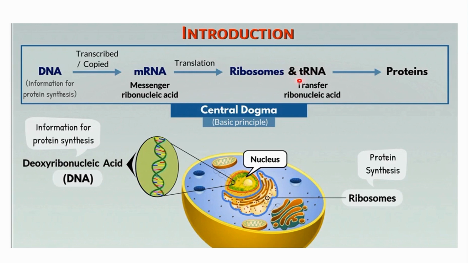From ribosomes, it is transferred to transfer ribonucleic acid. Transfer ribonucleic acid transfers this information to ribosomes, and from ribosomes we can make proteins, and the protein decides what type of function the cell should perform. That is why this is called protein synthesis, and this entire part is called the central dogma, the basic principle of this entire method.